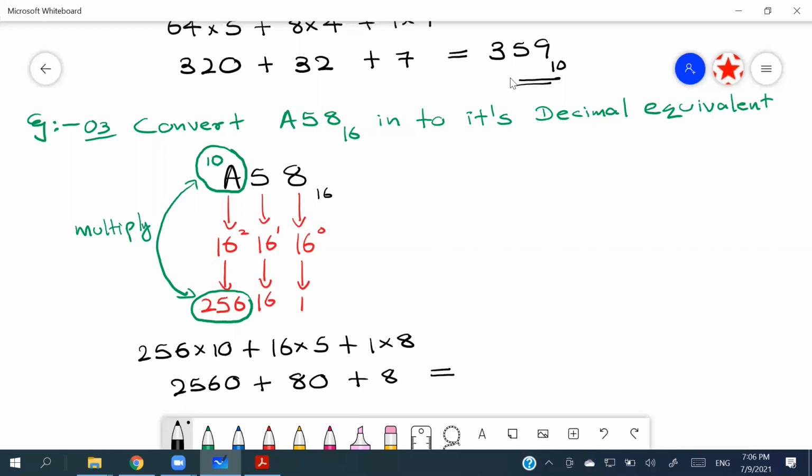So it's going to give you 2648. 2648 in decimal. Right? So people, yes, copy it down. Oh, it's 2648, yes. Right? So copy it down.